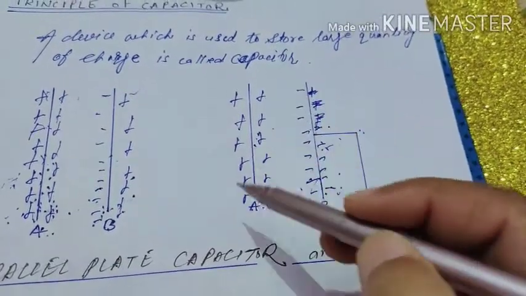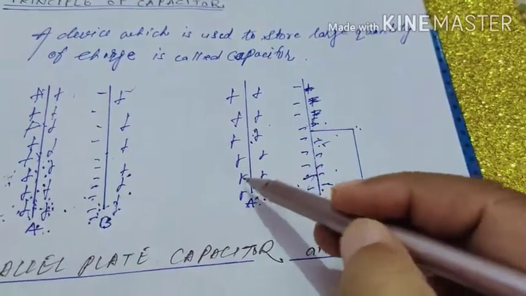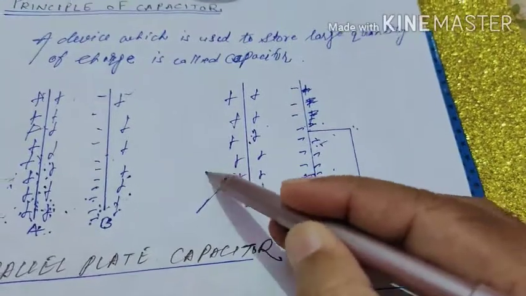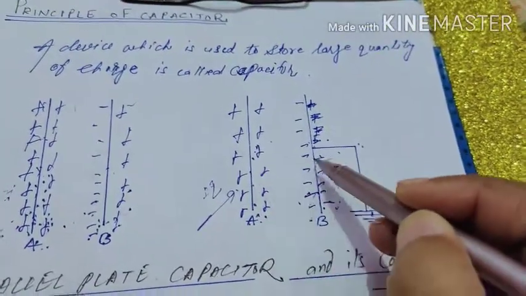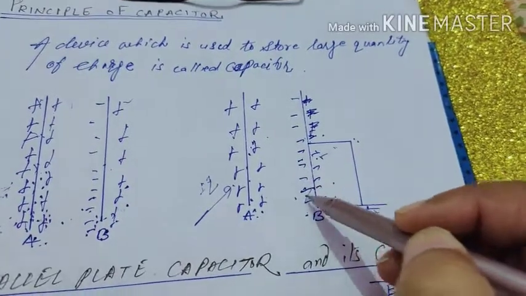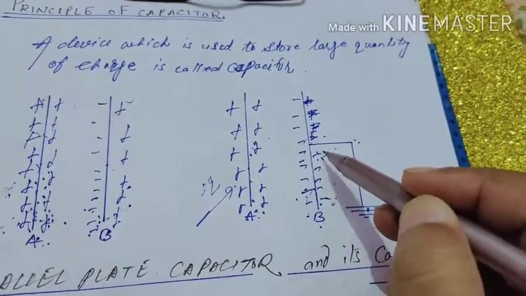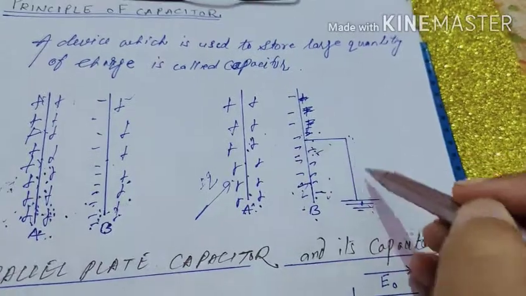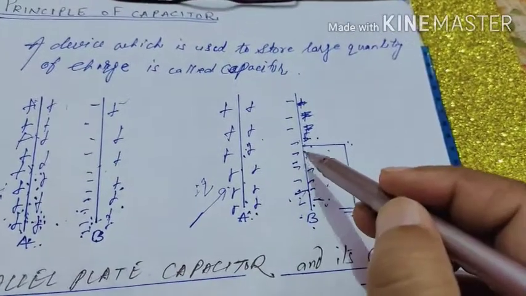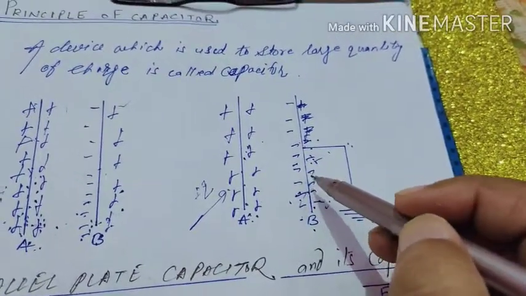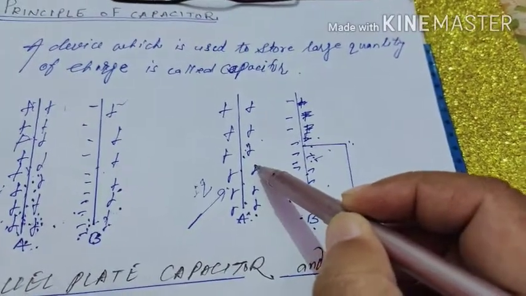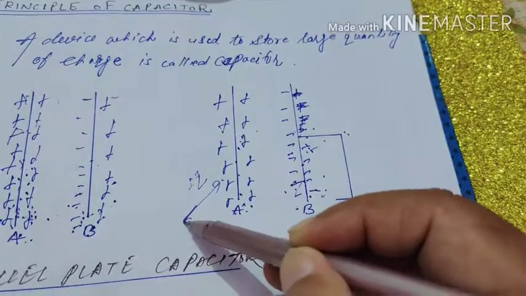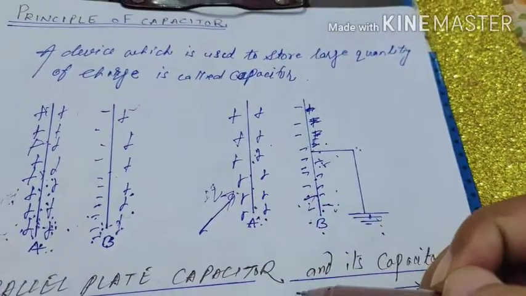So this will become a device. If you give positive charge to plate A, the same amount of negative charge will dwell upon plate B, and positive charge will move to earth. Because of this increase in negative charge on plate B, the potential of A is reduced, due to which it can acquire more positive charge.